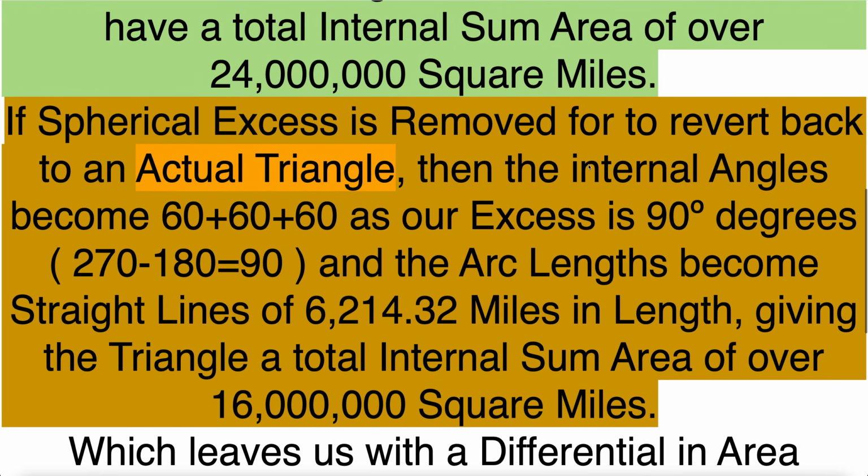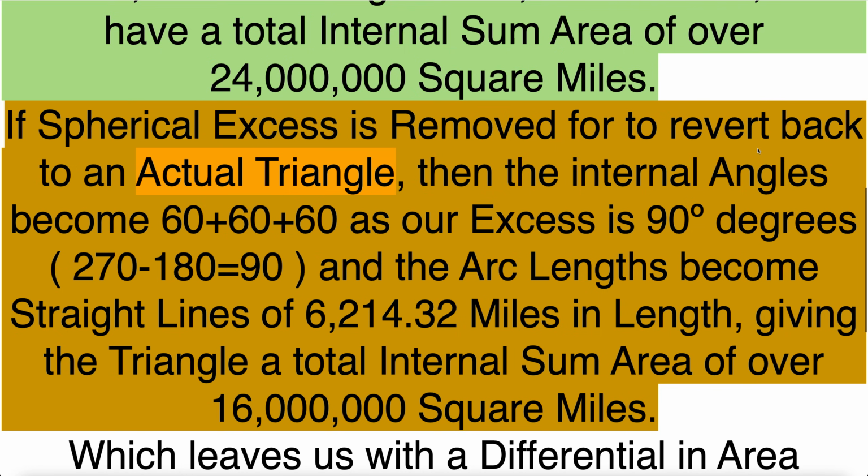If spherical excess is removed to revert back to an actual triangle, then the internal angles must become 60 plus 60 plus 60, as our excess is 90 degrees, because 90 plus 90 plus 90 equals 270, minus 180 equals 90, right? And the arc lengths become straight lines of 6,214.32 miles in length, giving the triangle a total internal area of over 16 million square miles, right?